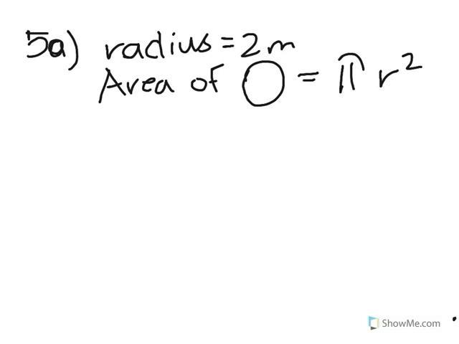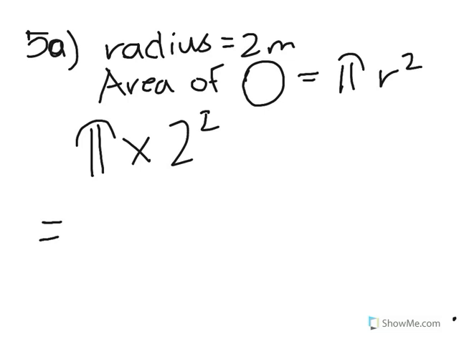Okay, question 5a is really easy. All you're being asked to do is find the area of a circle of radius 2 meters. So there's this equation for the area of a circle, which is pi r squared. Now pi can be found in your calculator, and r is nothing but the radius. So in this case, it's just pi times 2 squared, because 2 is the radius.